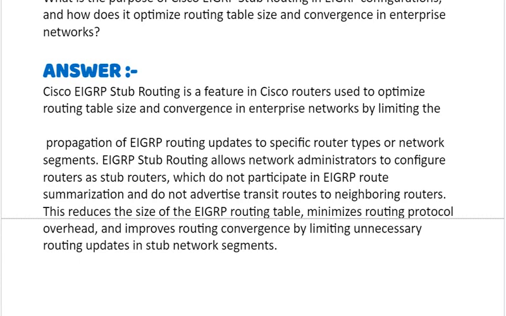EIGRP stub routing allows network administrators to configure routers as stub routers, which do not participate in EIGRP route summarization and do not advertise transit routes to neighboring routers. This reduces the size of the EIGRP routing table, minimizes routing protocol overhead, and improves routing convergence by limiting unnecessary routing updates in stub network segments.